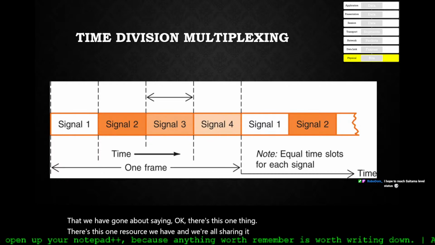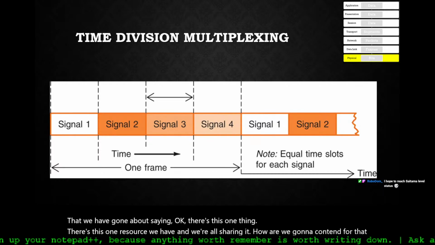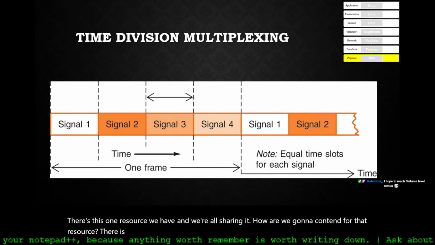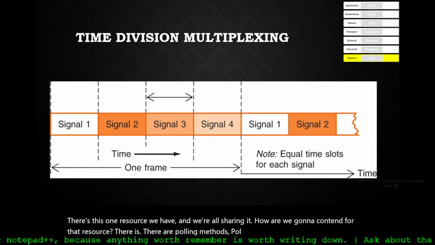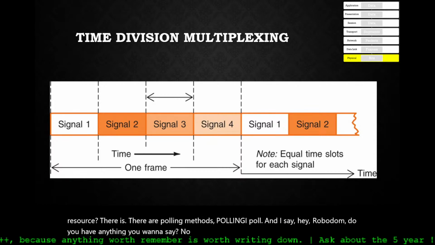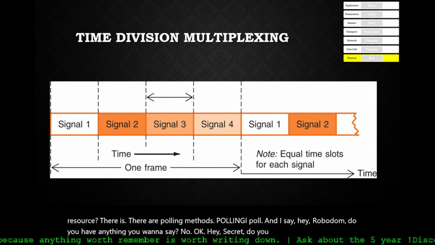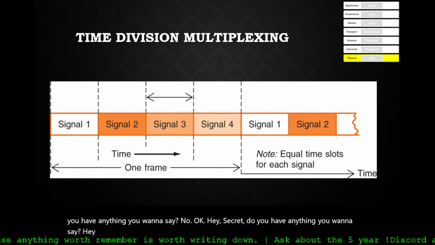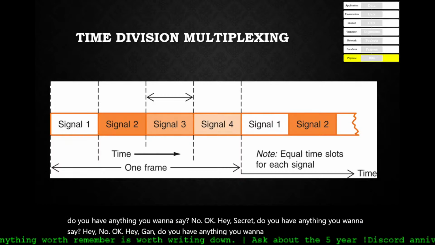How are we going to contend for that resource? There are polling methods, polling. I poll and I say, hey, Robodom, do you have anything you want to say? No? Okay. Hey, Secret, do you have anything you want to say? No? Okay. Hey, Gan, do you have anything you want to say? And I just start asking around the room.